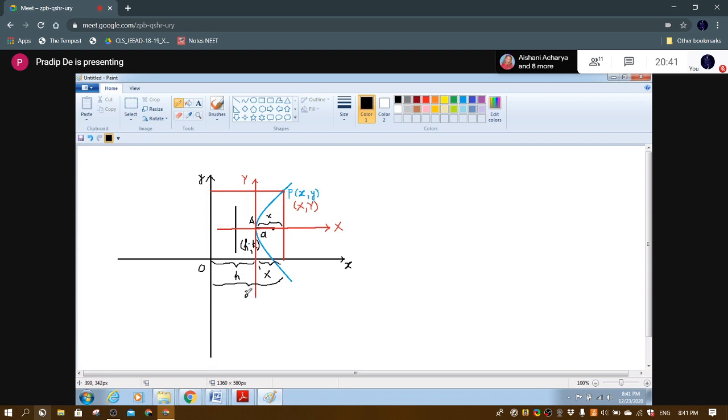Then can we write small x is equal to H plus capital X, and similarly small y is equal to K plus capital Y.